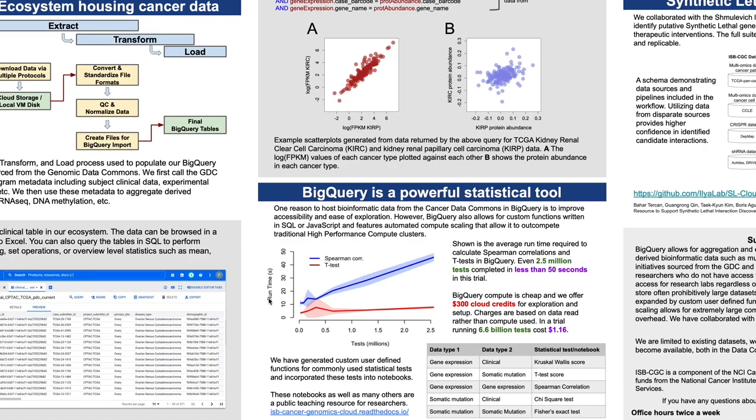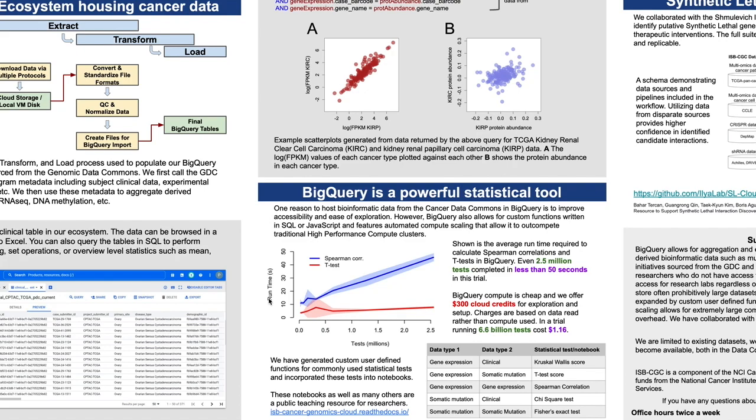BigQuery also has support for custom user-defined functions written either in JavaScript or SQL that allow you to expand on the base functionality of SQL and write more complicated analyses directly into SQL, where it can take advantage of that scalable compute power that I mentioned.